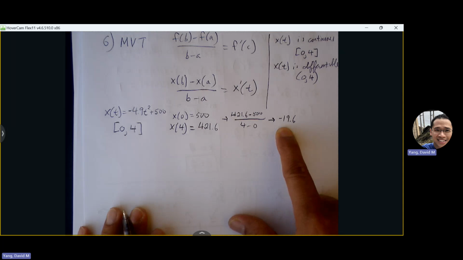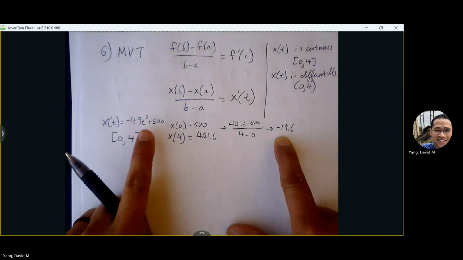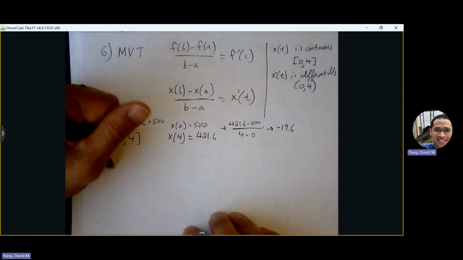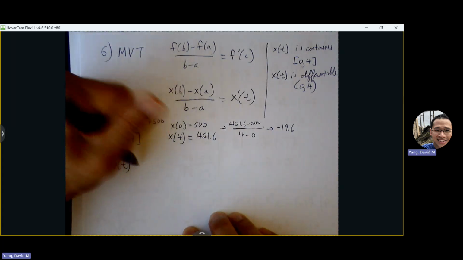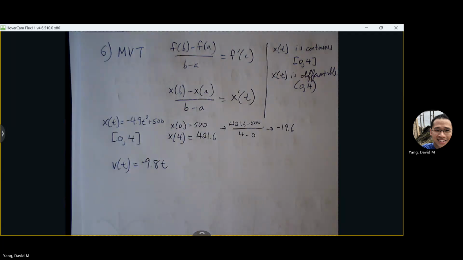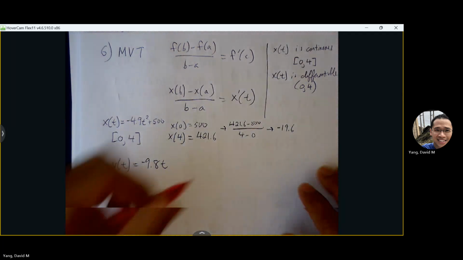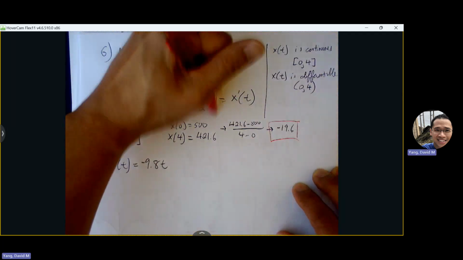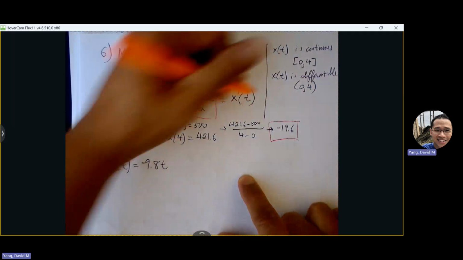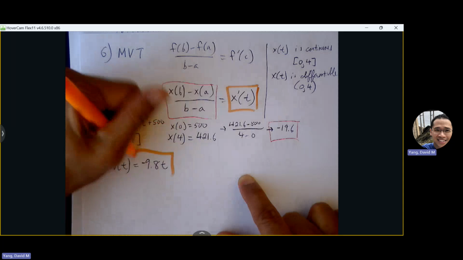So there's my average velocity. You can find the derivative, which is going to be velocity function, x prime, or V of t. So this is my average velocity portion. This is my instantaneous rate of change portion.